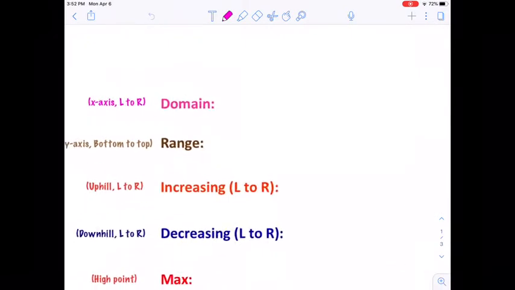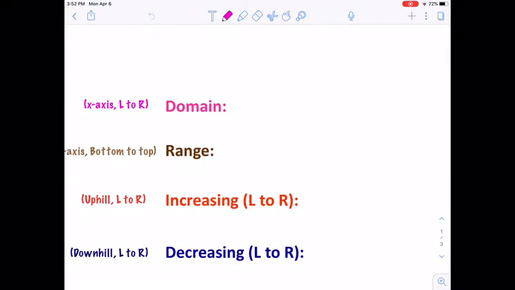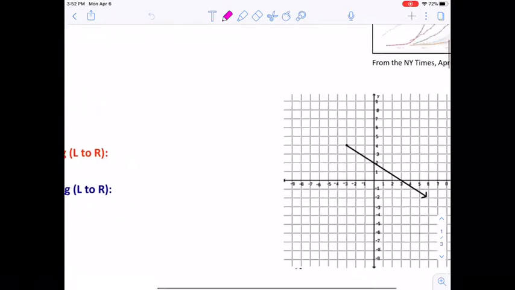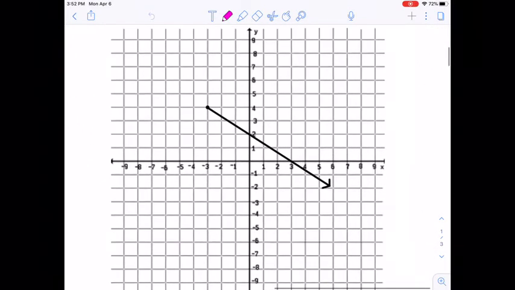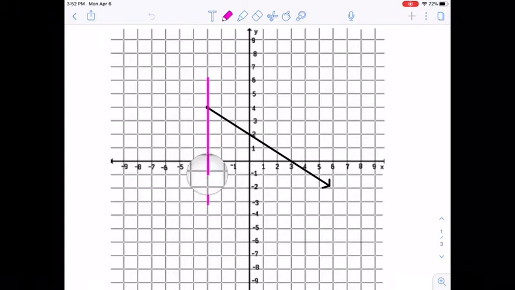Notice domain is on the x-axis from left to right. So as we look at the graph, we want to see what are all the x values included in this graph from left to right. Well, it starts here at the -3 on the x-axis.